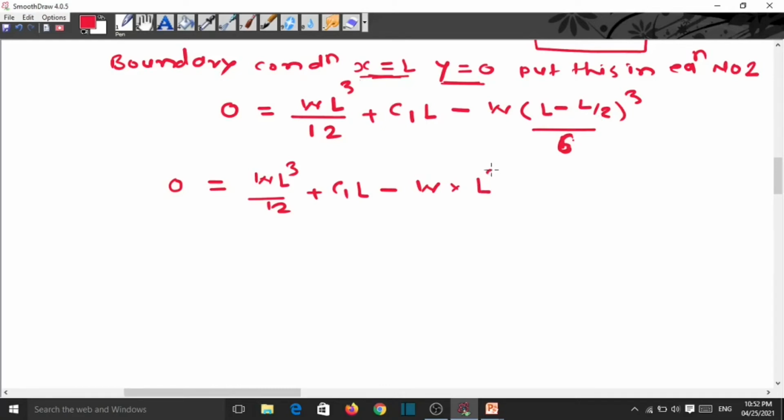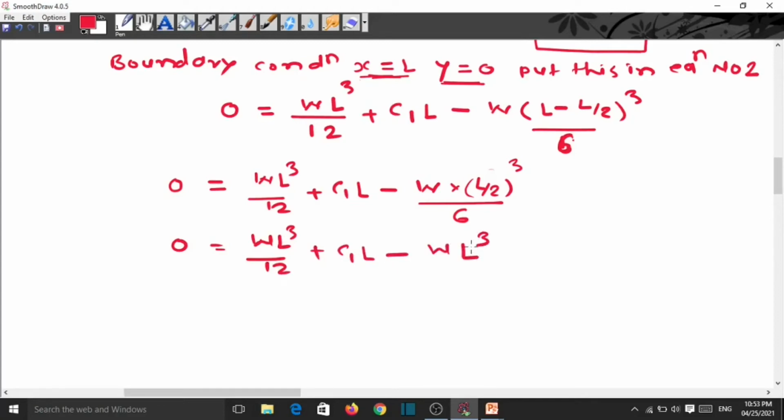So L cube divided by 6, or we can say in this way, L by 2 raised to power 3 divided by 6. So again simplify this. 0 is equal to WL cube by 12 plus C1L minus, this becomes WL cube by 48.